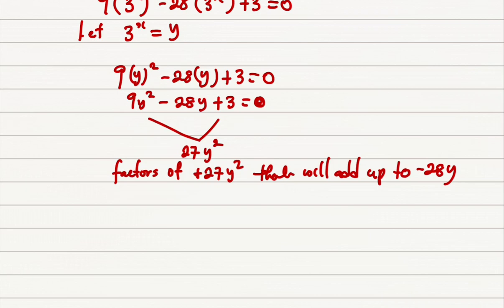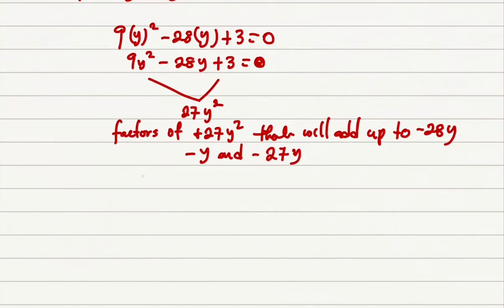I'm going to have minus y and minus 27. So the factors are minus y and minus 27. So I'm going to work them out like 9y squared minus 27y, then minus y plus 3 is equal to 0. So what is common here?